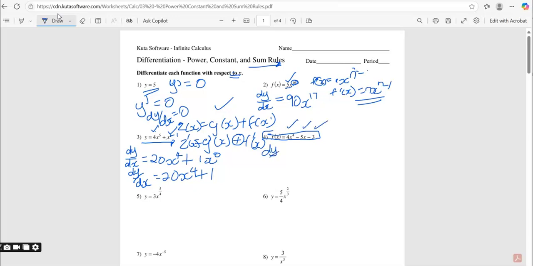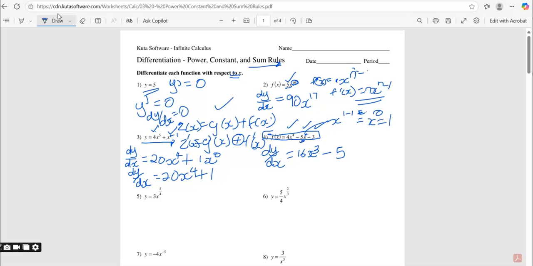So you write your dy/dx is equal to 4 times 4, it's going to be 16x, and then you subtract 1 from your exponent, which is 3, minus, we do the same, 1 times 5, it's going to be a 5, you subtract 1 from the 1 that is here, it's going to be 0, and anything to the power 0 is 1, so x to the power 0 is equal to 1.